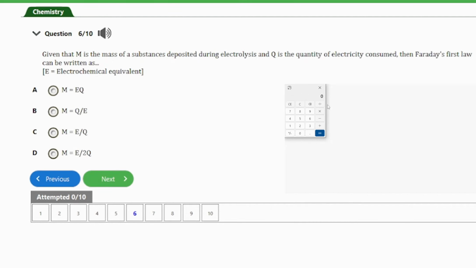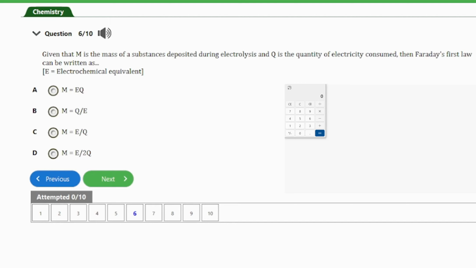So we are going to consider the next question, guys. That's question number 6 now. So let's check out the question number 6 here. It says, given that M is the mass of a substance deposited during electrolysis and Q is the quantity of electricity consumed, then Faraday's first law can be written as, so we are taking E to be electrochemical equivalent.